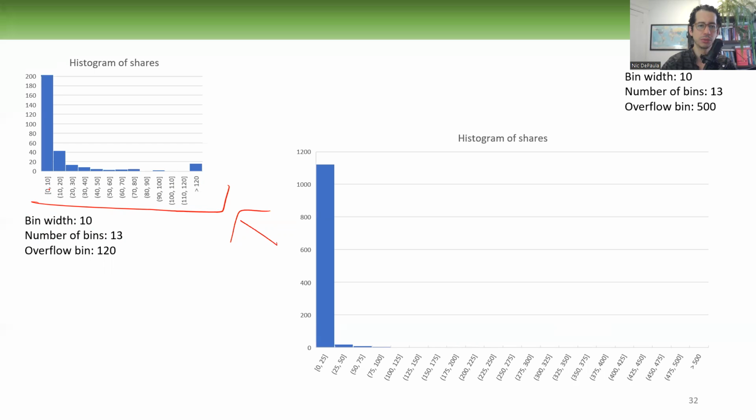Here the bin width is 10, number of bins 13, overflow bin 20. And here, the bin width is 10, the number of bins is 13 and the overflow bin is 500, and it creates a different kind of graph. So actually what just changed here is really the overflow bin. And the overflow bin made all the difference.